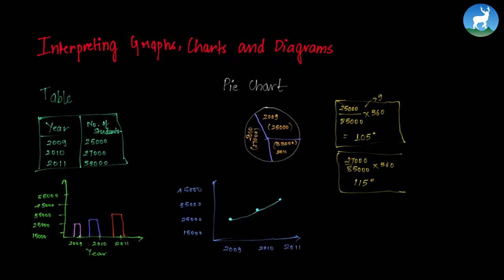Now to interpret the diagrams, I have a list of phrases that we can use to describe charts. So let's write. Here's the list of phrases that can be used.